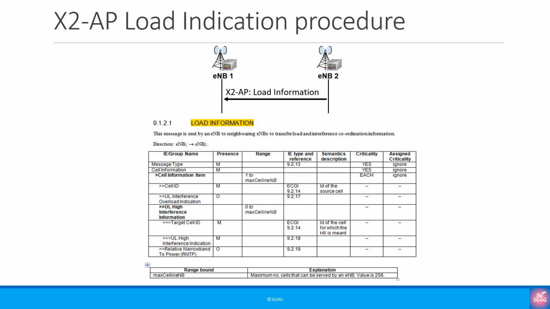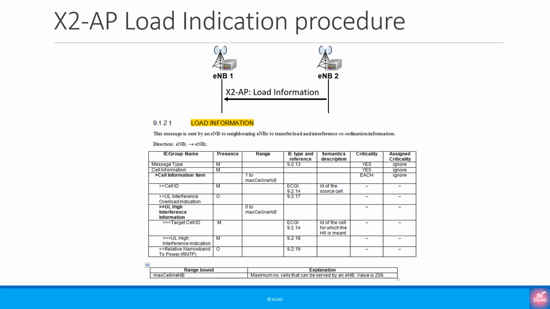By avoiding downlink transmissions to distant mobiles in resource blocks that are subject to high levels of downlink interference. The second information element describes the interference that the base station is receiving in every uplink resource block. The neighbor can use this in a similar way so that it does not schedule uplink transmissions for distant mobiles in resource blocks that are subject to high uplink interference.